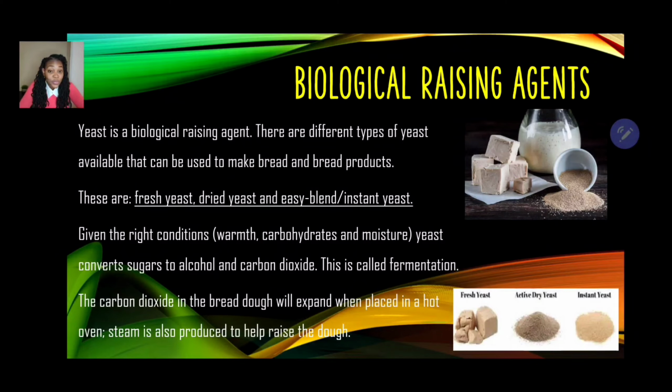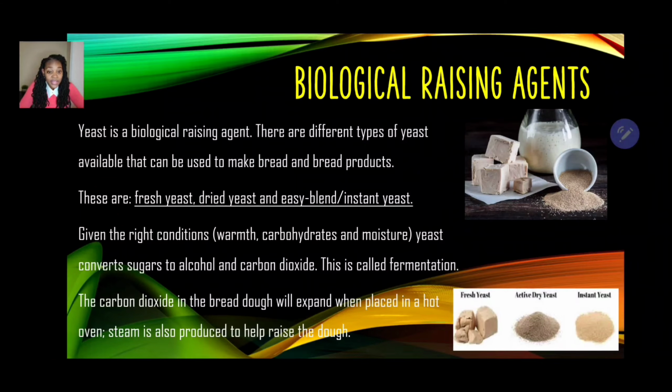And based on our previous classification of raising agents, you know that carbon dioxide is vital as it relates to these raising agents rising or aerating the product, right? That process is called fermentation.